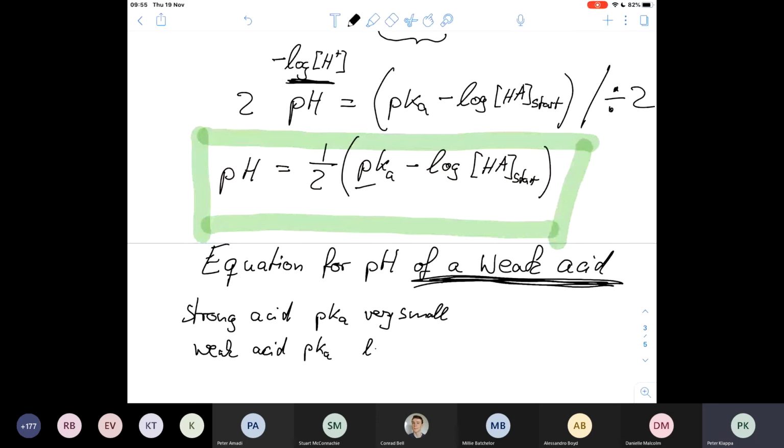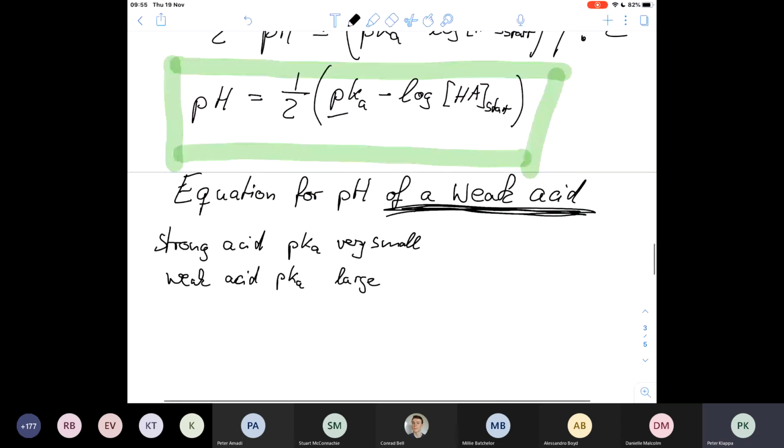But what is large? My rule of thumb is pKa larger than, say, 0. If a pKa is larger than 0, it's a weak acid.